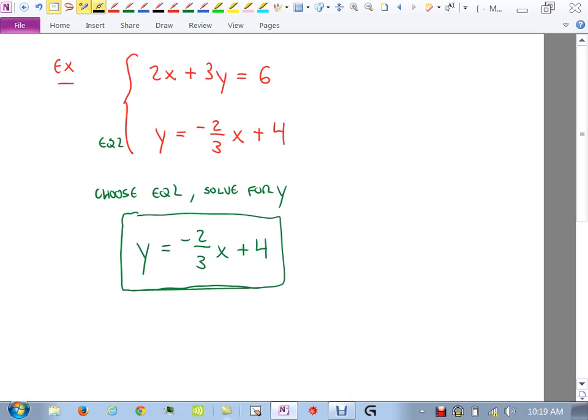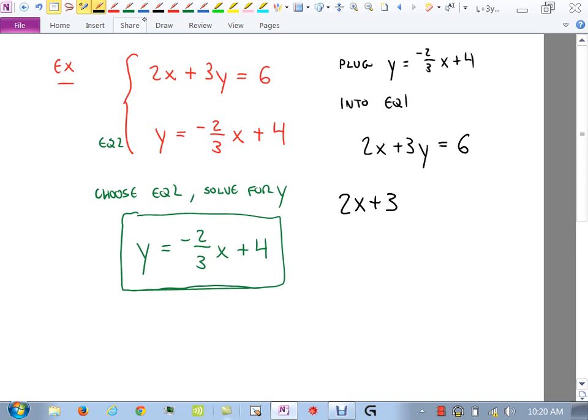Plug it into, okay, so I'm going to plug y equals negative 2/3 x plus 4 into equation 1, which means I'm taking 2x plus 3y equals 6, and I'm replacing the y with that nasty looking thing, negative 2/3 x plus 4 in parentheses, don't forget that, and we still have equals 6.